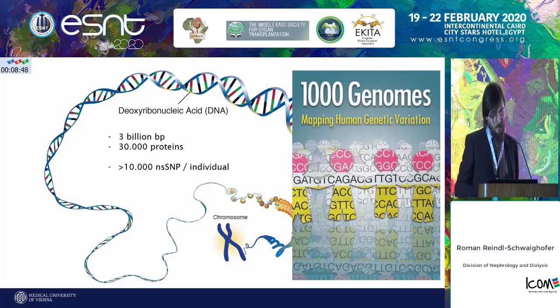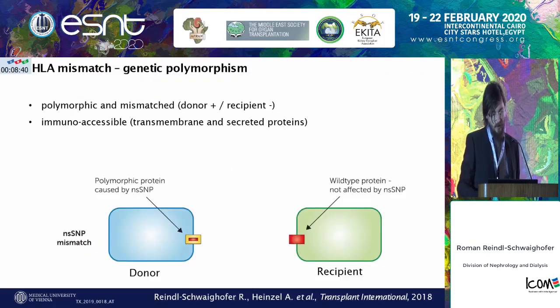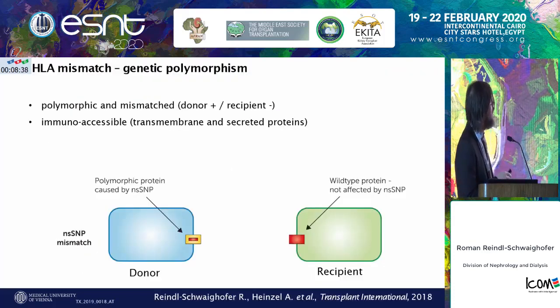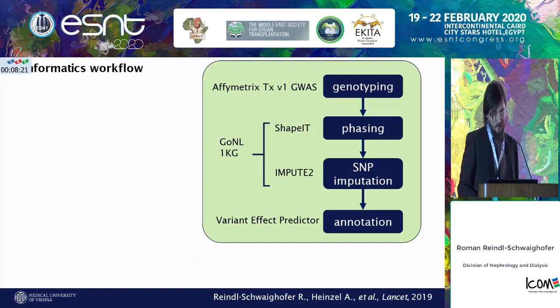So this was the groundwork that showed us that there are polymorphisms outside the HLA region that might play a role in alloimmunity. We hypothesized that if we have polymorphic and mismatched donor and recipient pairs, and we specifically focus on transmembrane and secreted proteins, when we transplant an organ with an altered cell surface structure by a changed amino acid, this will cause an alloimmune response in the recipient.